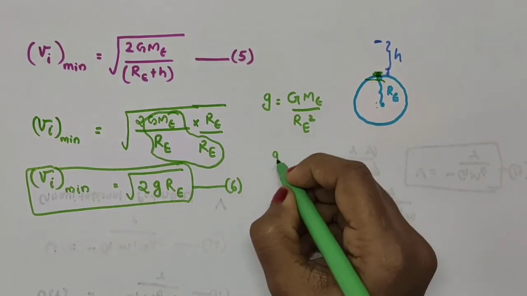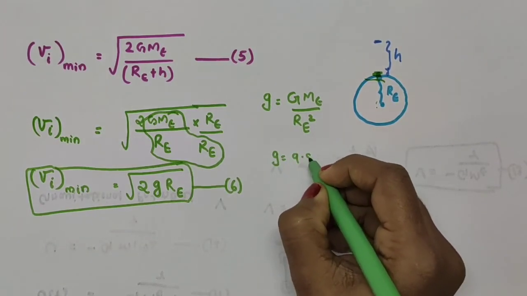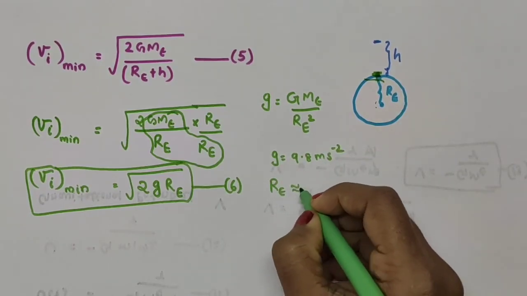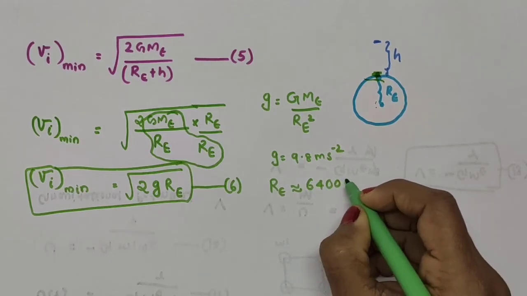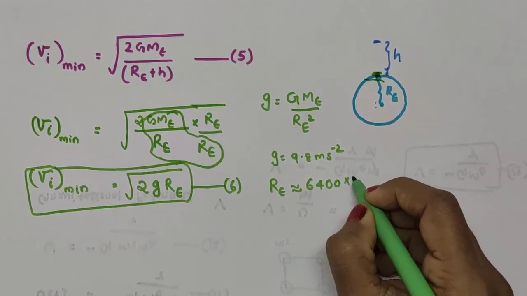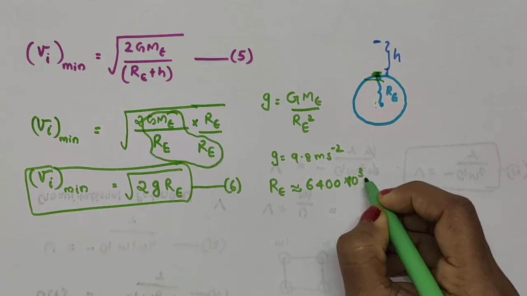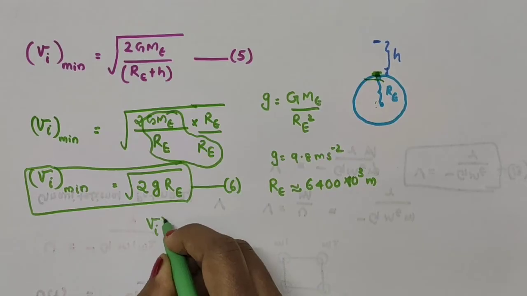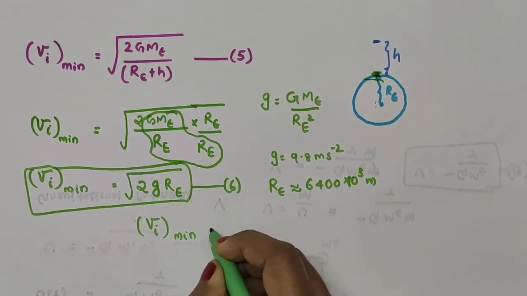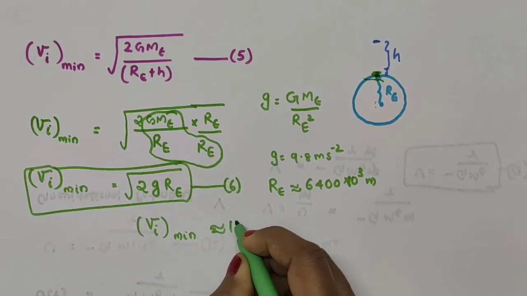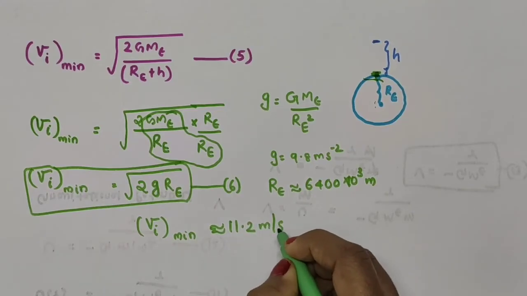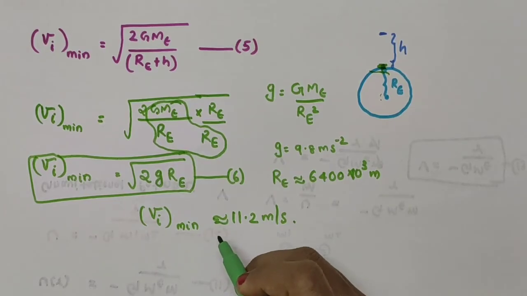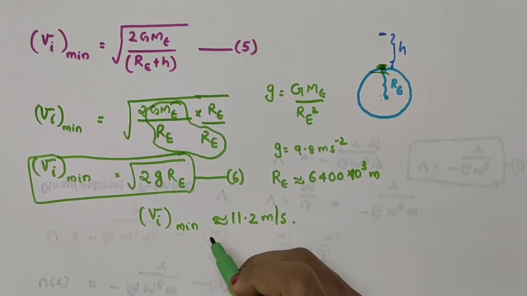If I take g as 9.8 meter per second squared, and if I take the radius of the earth as approximately 6400 kilometer, that is 6400 into 10 raised to 3 meter, then when we calculate this value, we will get the minimum initial speed as approximately 11.2 meter per second. This is called escape speed or escape velocity.